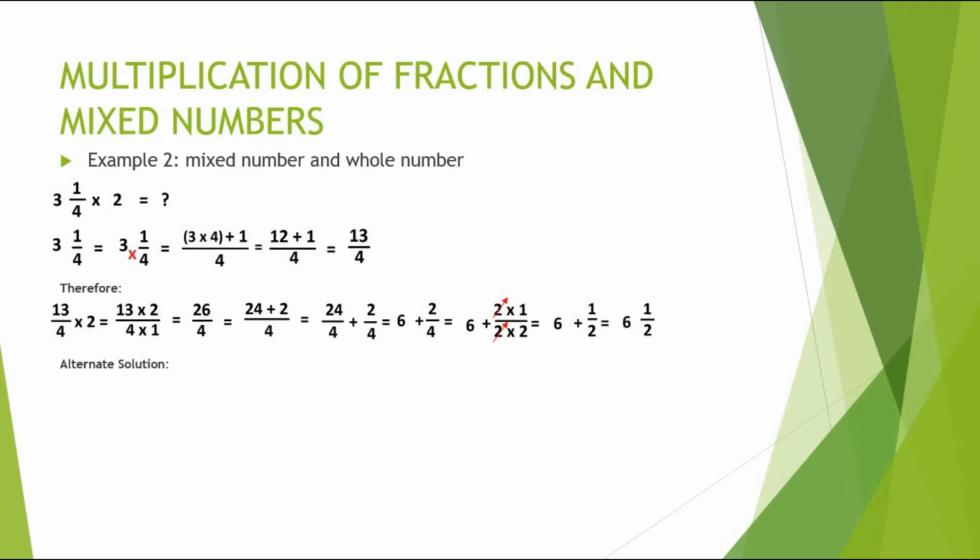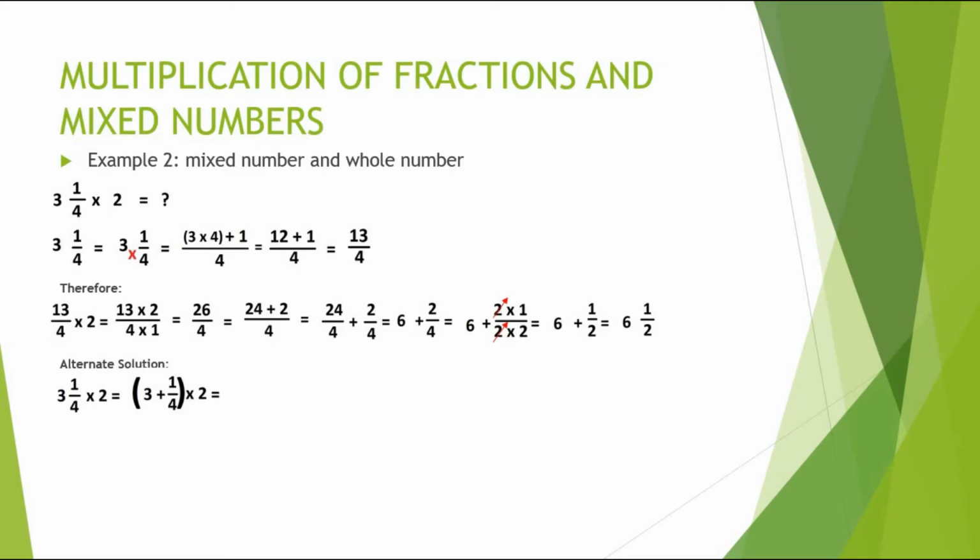Alternate solution naman, medyo shortcut. Okay? So, pag ganyan, 3 and 1/4 times 2, ang gagawin lang natin is, i-multiply natin both yung whole number and the fraction sa 2. So, it will look like this. Okay? Pag-iwalay natin yung 3 and 1/4.